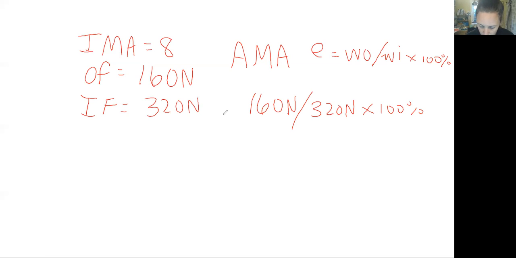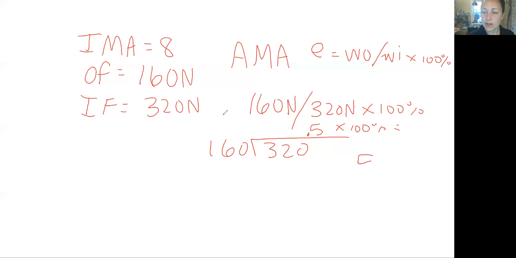When we do the math out, 160 divided by 320, 16 goes into 32 how many times? 5. We get 0.5, and if we're multiplying that times 100%, we end up with 50%.